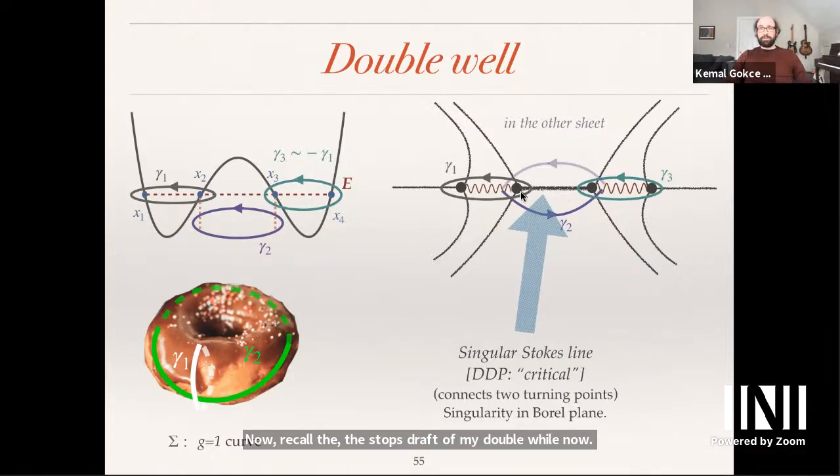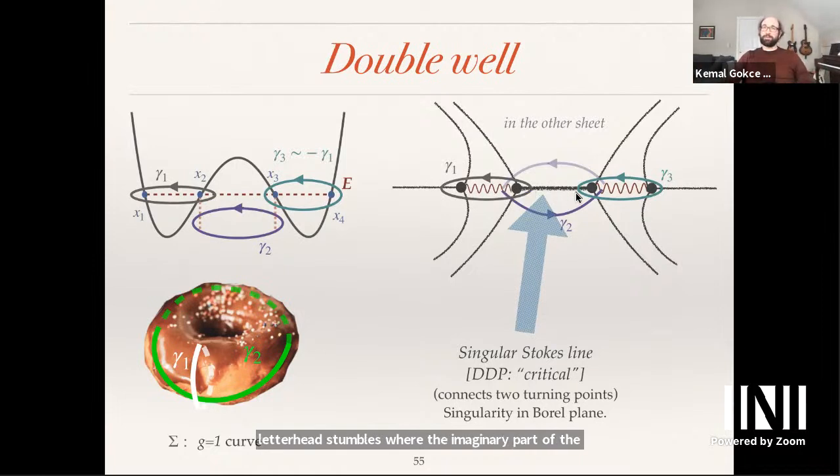These two turning points are connected by the Stokes line. It's not the case here; these two are not connected by a Stokes line, but these two turning points are connected by a Stokes line. And remember that these Stokes lines are sort of level curves where the imaginary part of the action is conserved.